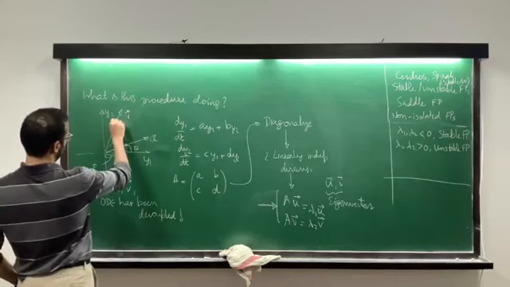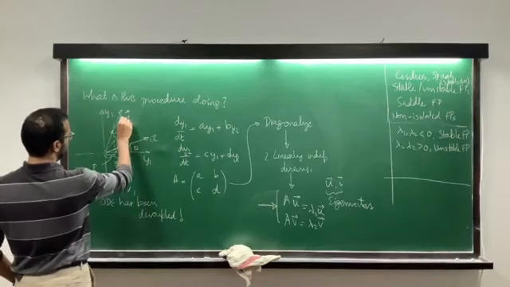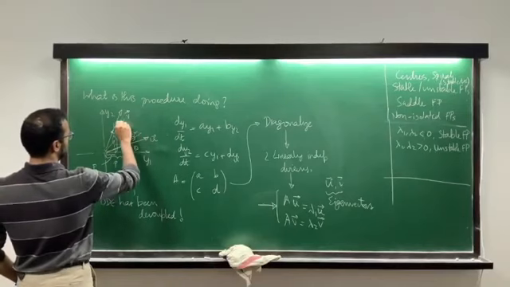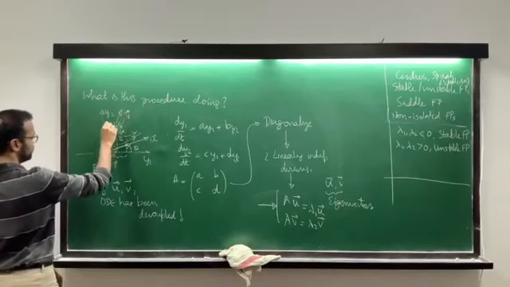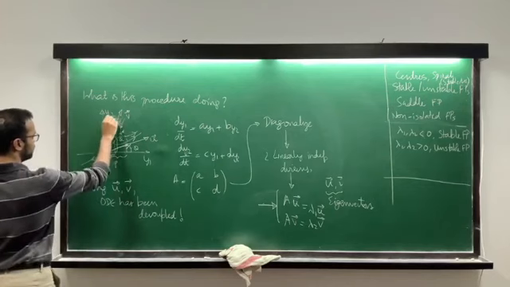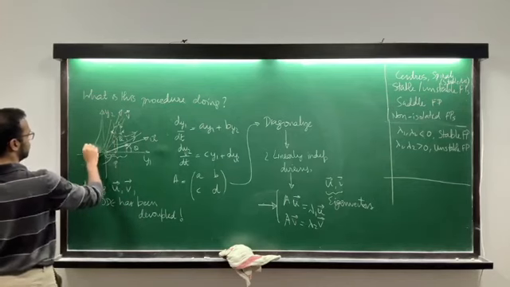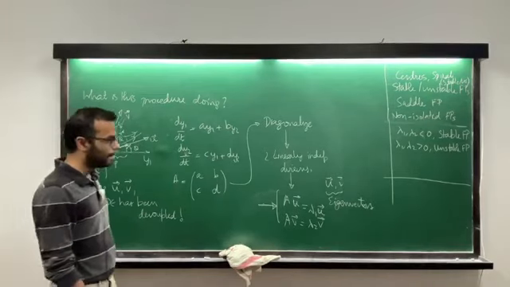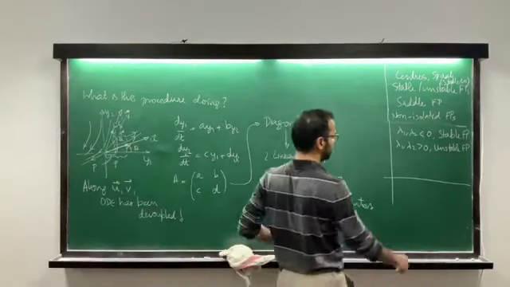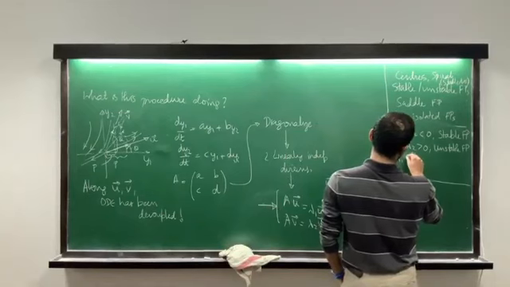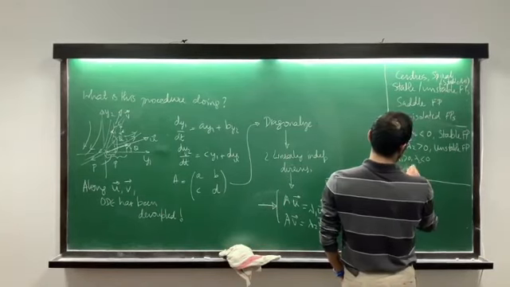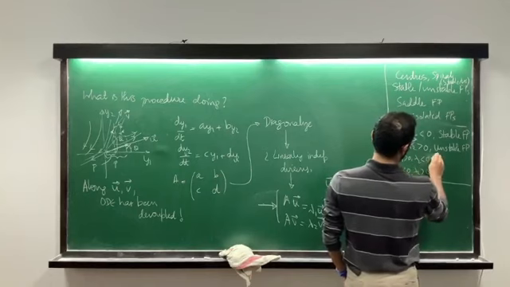So, any trajectory is going to come and go like this. So, if you have both of opposite signs, either lambda 1 greater than 0, lambda 2 less than 0, or lambda 1 less than 0, lambda 2 greater than 0, then you have a saddle.